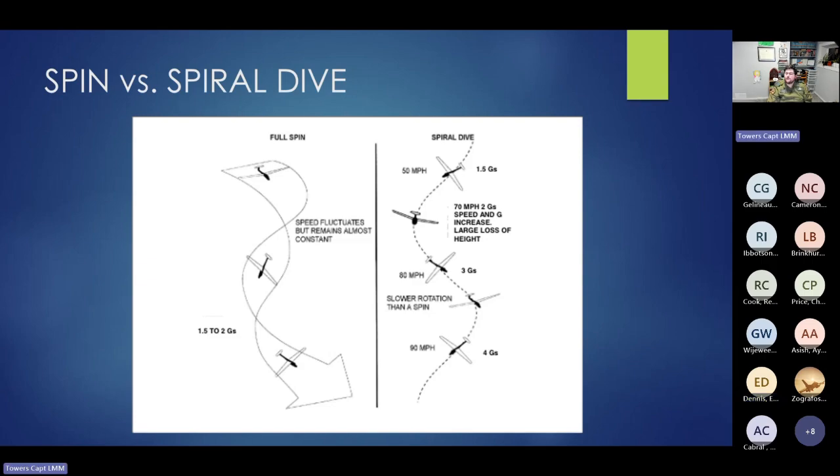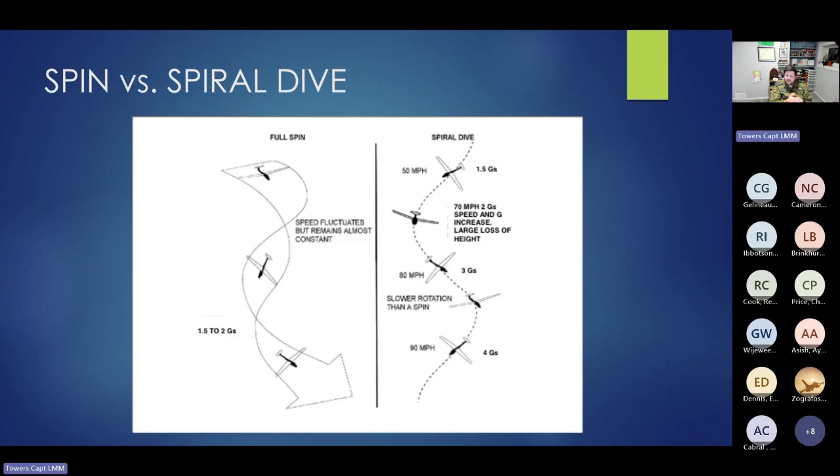Yes, exactly. So when you actually go on course and you learn the recoveries, you will get taught, I mean, grain of salt, I haven't looked at the instruction manual for this in probably the last 7 years. But I'm fairly certain that one of the parts of the spiral dive recovery is, if necessary, you can open your dive brakes and your spoilers to help bleed off that speed as you pull back.